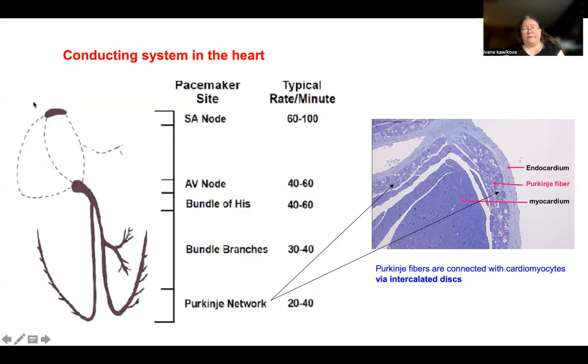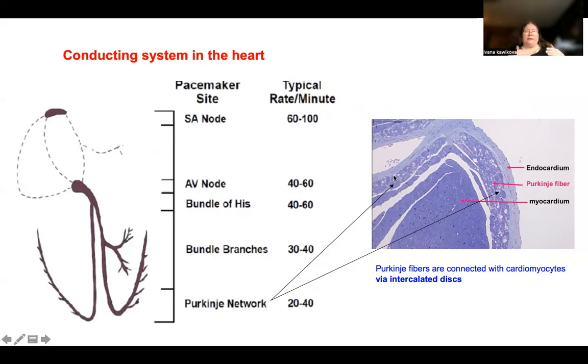But if the SA node is removed or destroyed, then the heart is going to beat at the lower rate. And then we have the bundle of His, the right and left bundle branches, and they end up with Purkinje fibers. And you see it here. Here you see the cardiac muscle surrounded by the Purkinje fibers.